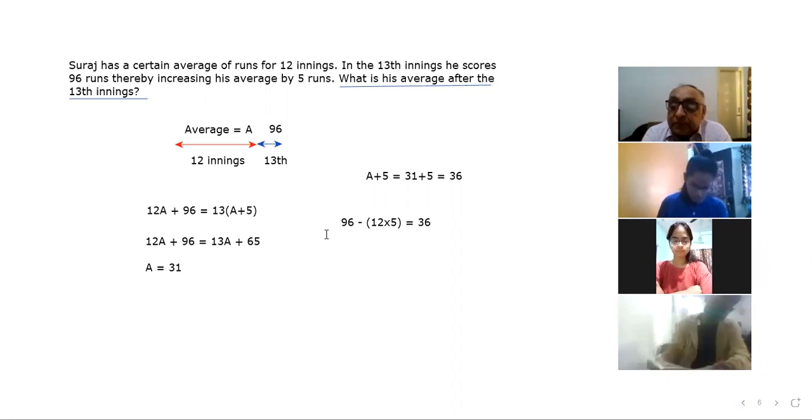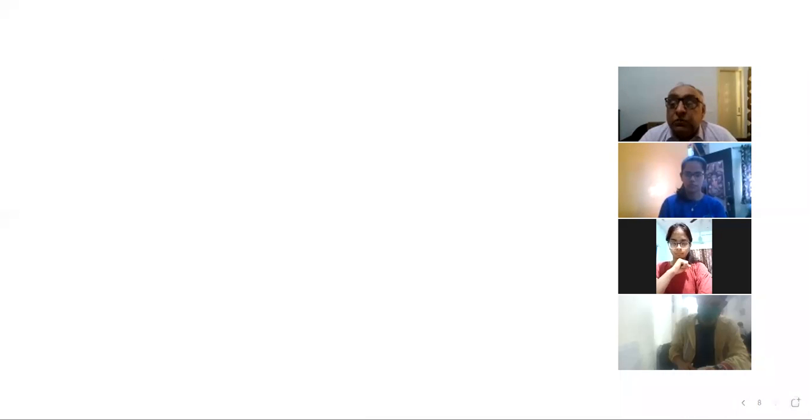It means out of this 96 score, 12 into 5, 60 runs have been contributed towards increasing the average of the previous 12 innings, and the remaining is 36. That is the average now. Harshita, is it clear now? If you need more explanation, I can do that also. Not an issue.